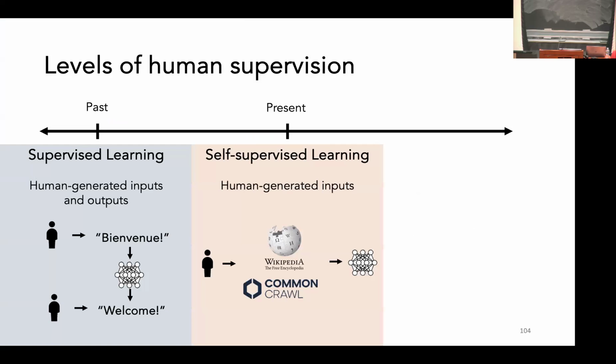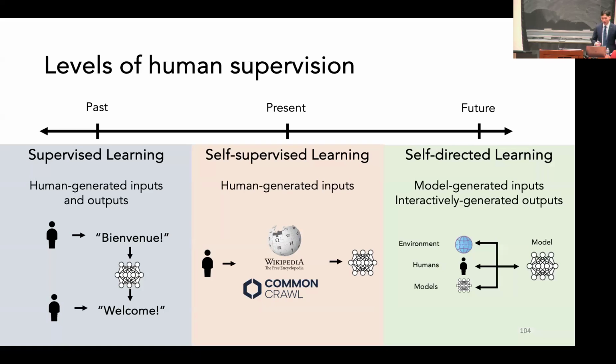In the present, all of these pre-trained language models use self-supervised learning, which depends on large-scale human-generated inputs, and they kind of supervise themselves by predicting the next token. Perhaps in the future, we'll have a more self-directed learning paradigm where models generate the inputs that they want to train on, and with the help of some interaction, we can generate better outputs to supervise themselves on as well.